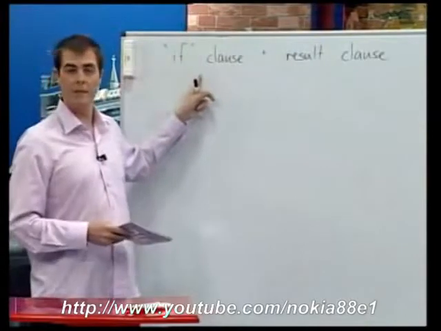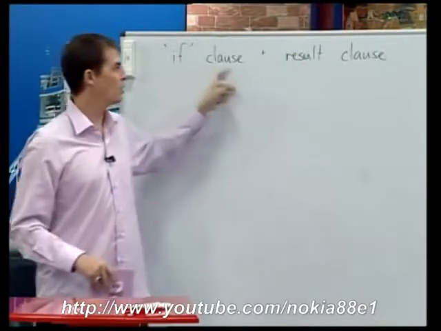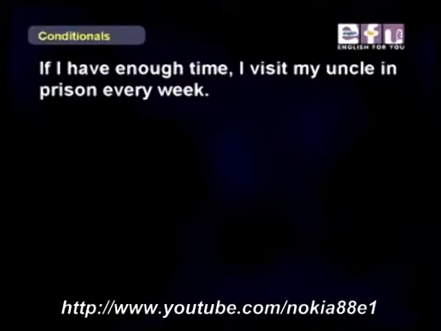So the clause beginning with the word if is the if clause, and the other clause is the main or the result clause. For example, in the first sentence, if I have enough time, that's the if clause, and the result clause is I visit my uncle every week. Let's put that on the board.